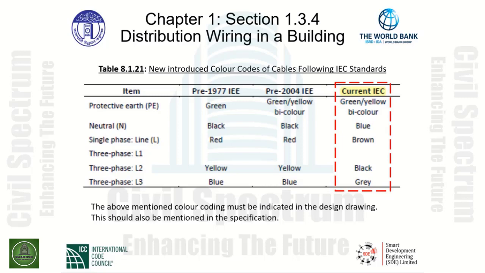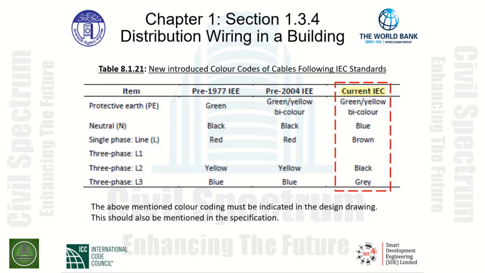The next column is pre-2004 IEE. The protective earth conductor is colored green, yellow bicolor. The neutral, black, single-phase line, red.